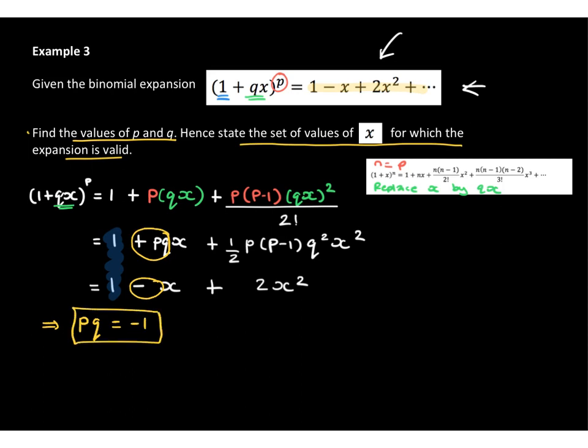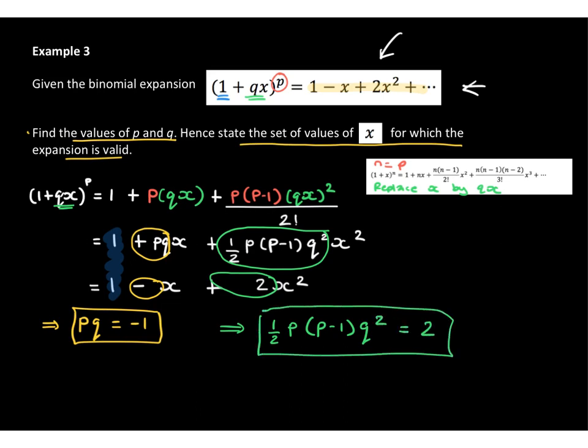What about the coefficients of x squared? Well, this tells us that 1/2 p multiplied by p minus 1 multiplied by q squared must equal 2. And we have a pair of simultaneous equations that we are going to need to solve in order to find the values of p and q.